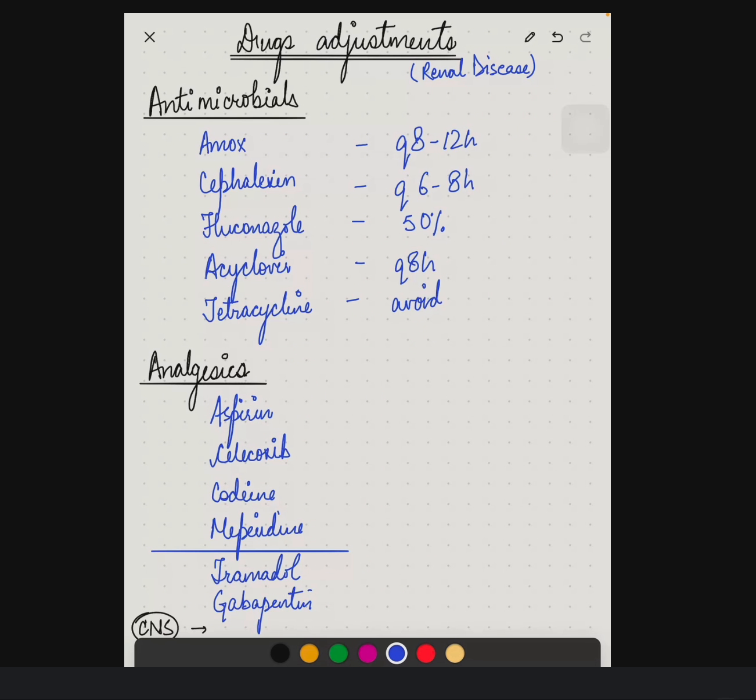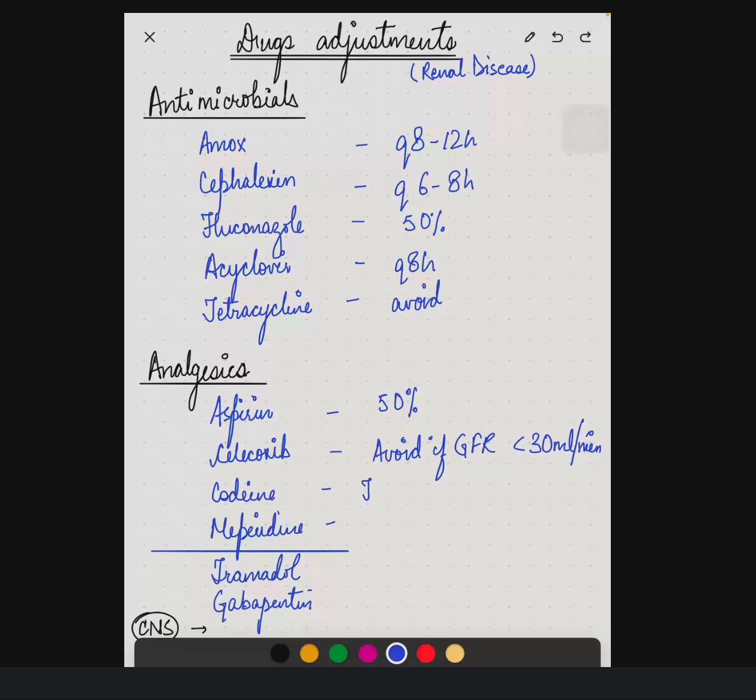And the adjustments are made as such. So dose is reduced to 50%, and coxibs should be avoided in patients with GFR less than 30 milliliters per minute. This is the filtration rate.